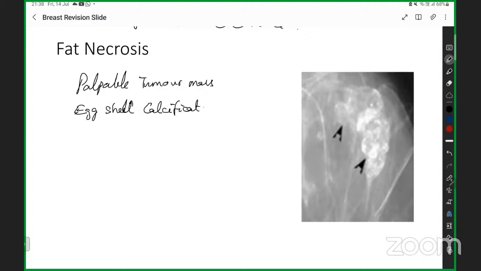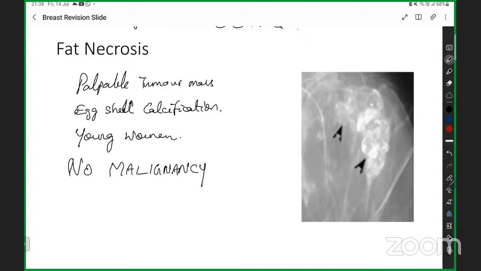I think I explained this while taking the mammogram in the first part. You will see this in young women. Remember, they have no malignancy potential. Is it clear?